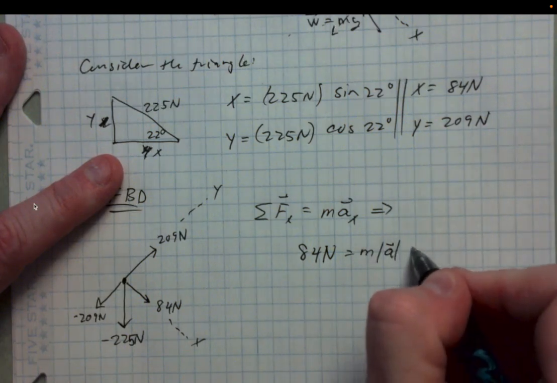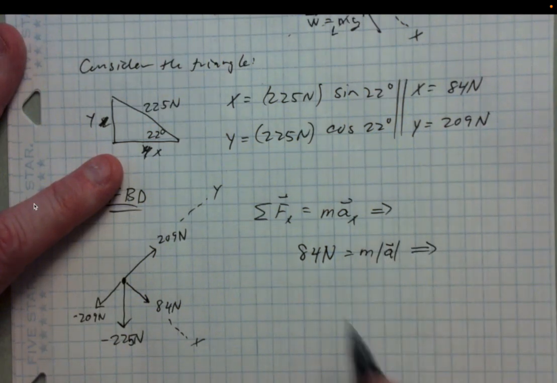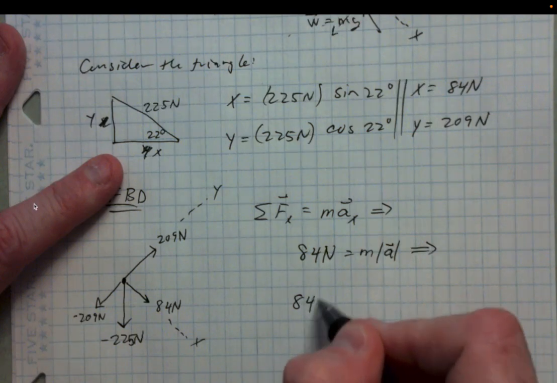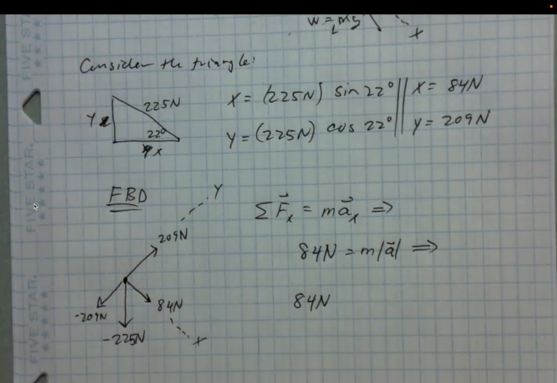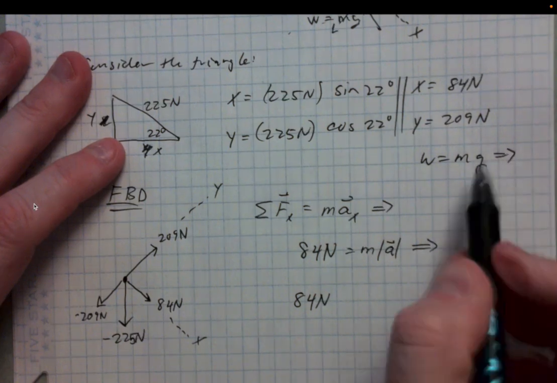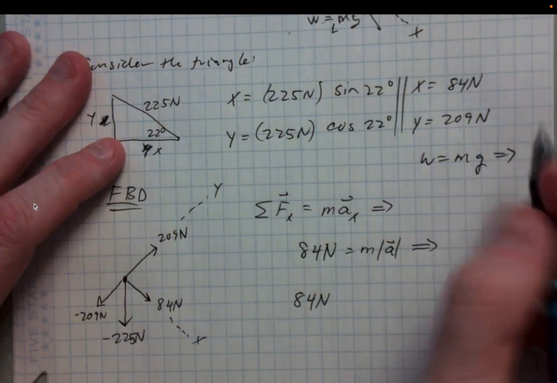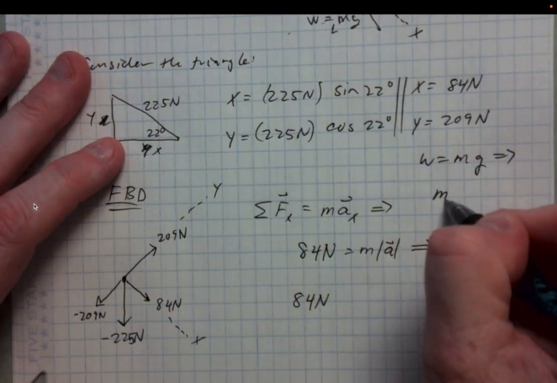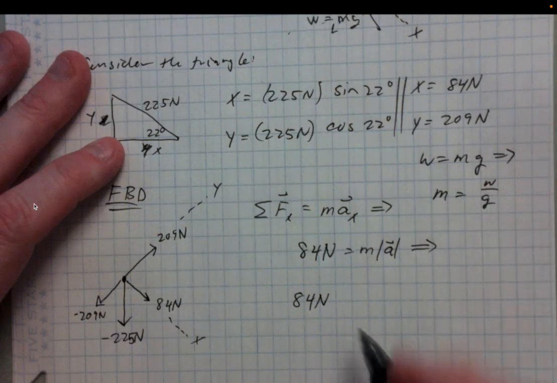Right, we're not actually told explicitly what the mass of the sled is, but we know that the weight of the sled is 225 newtons, and so we know that W is equal to mg, right? So if we're given W, and we know what g is, we can figure out what m is. M is equal to W over g, right?